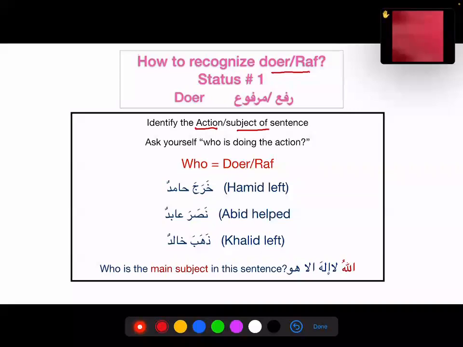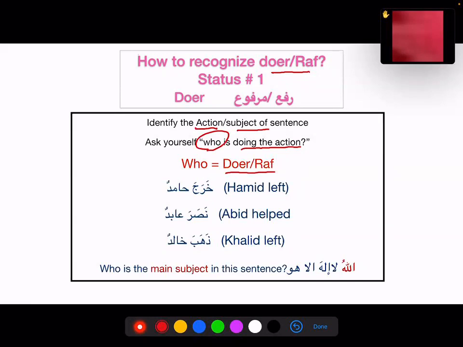We need to ask ourselves, what is the action first of all, or who is the subject of the sentence? Then when I get the answer, who is doing the action? That is going to be my doer, or Rafa.